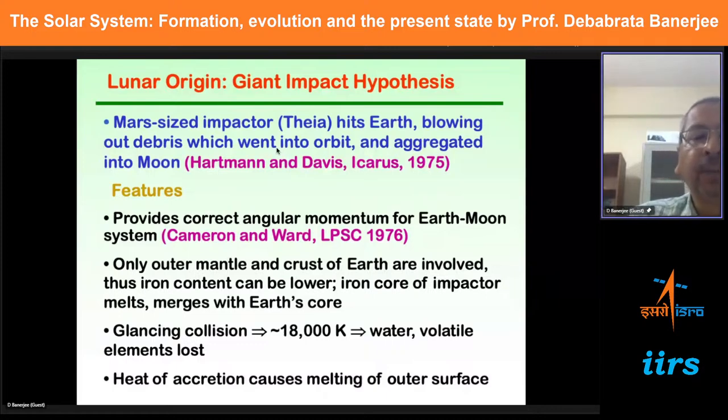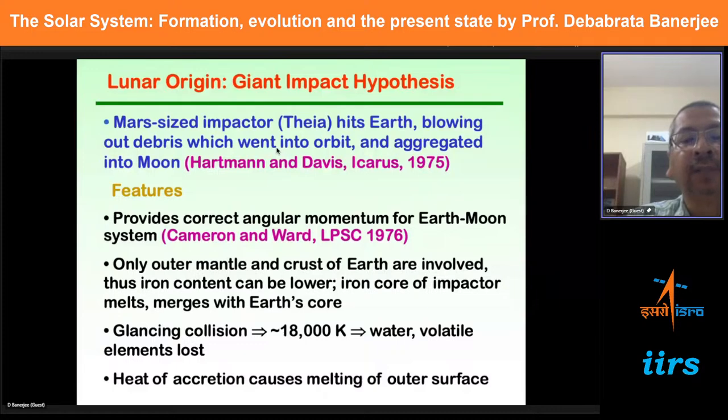And this was a glancing collision, and therefore the volatile elements and water on the Moon are almost gone, although recently you have seen from the M-Cube experiment on Chandrayaan-1 that the Moon does have water ice present in significant proportions, and more so in permanently shadowed regions of the Moon.